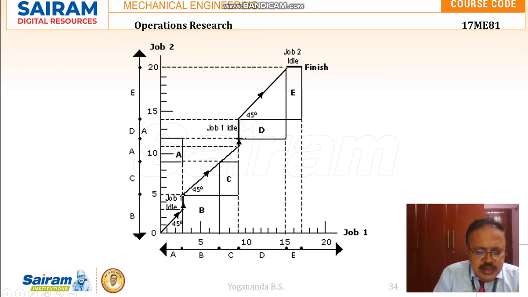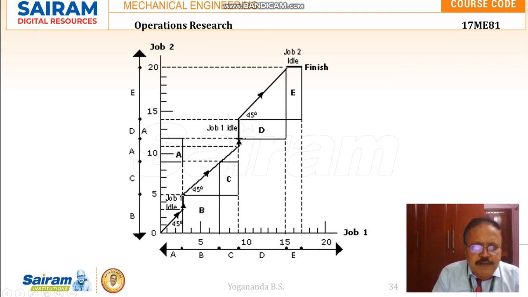So highlight this region. So this is occupied for machine B. Similarly, here machine C on the x-axis and machine C on the y-axis here. So this part is occupied for machine C. Similarly, D and E are occupied.